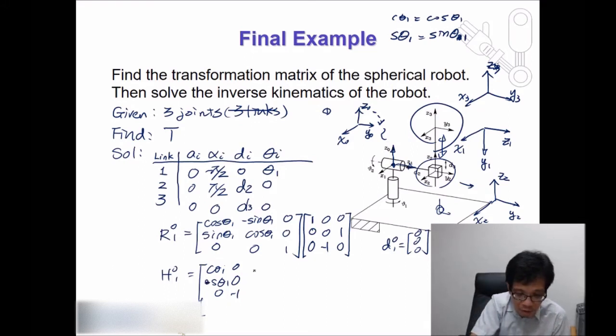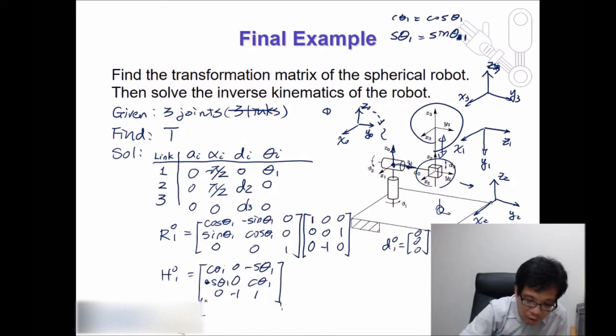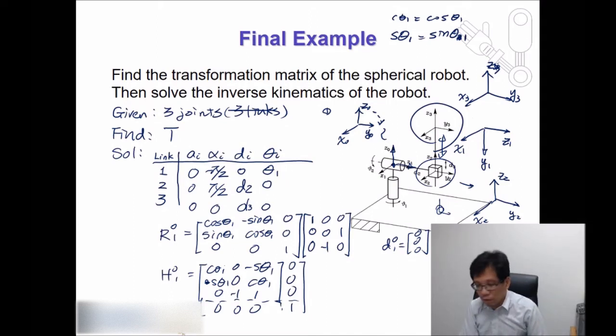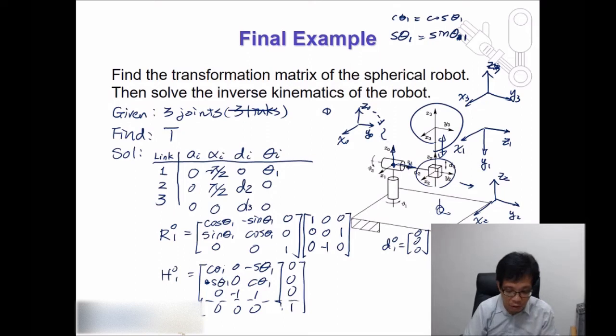Sorry, this one is 0. Confused myself. So this is the first part of rotational one in the matrix. In order to make H, this is something you're going to have for this specific R 0 to 1.